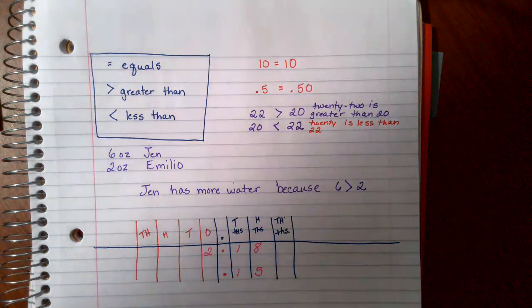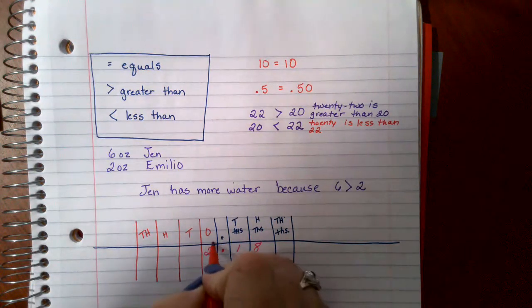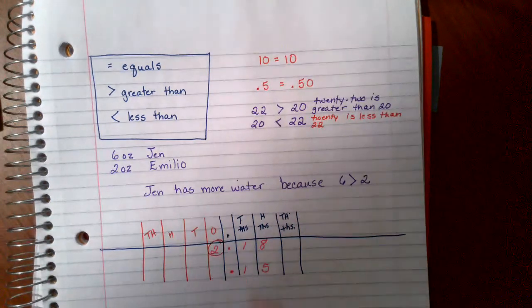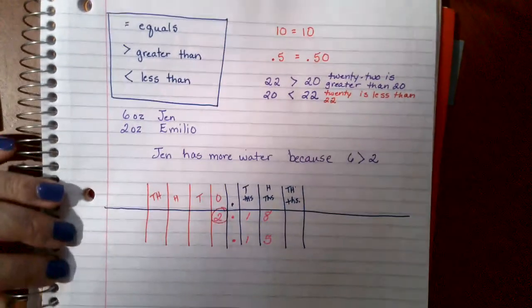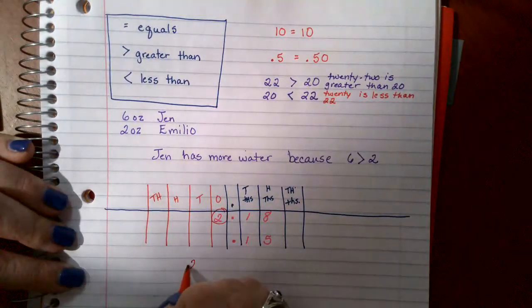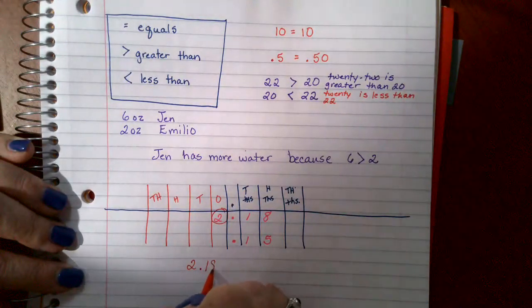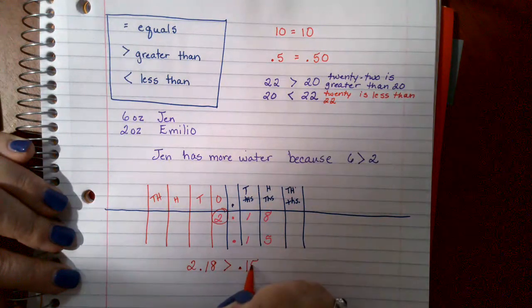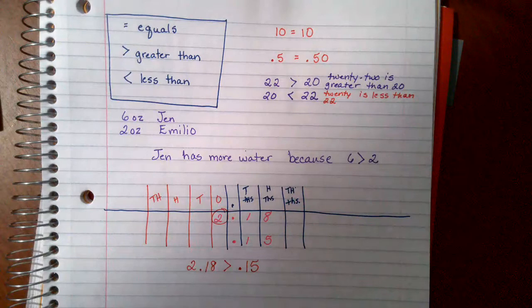And just 15 hundredths. Because we have a whole number here, it's going to automatically be larger than anything that just has a decimal. So 2 and 18 hundredths is going to be larger than 15 hundredths.